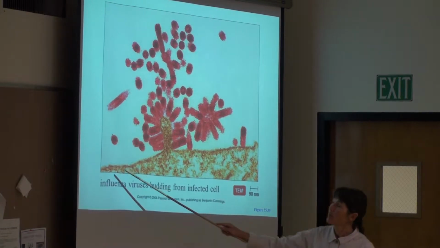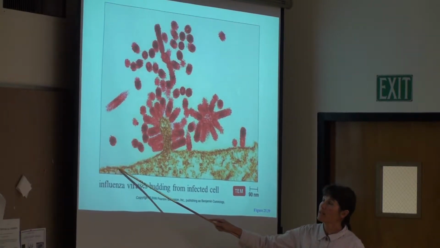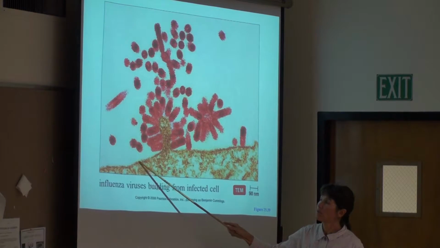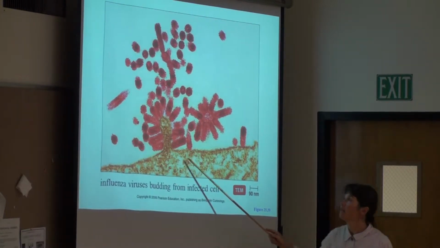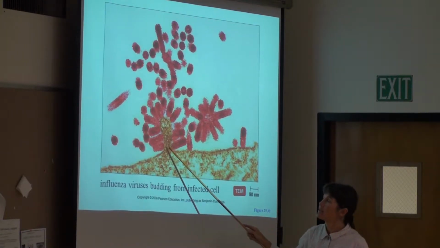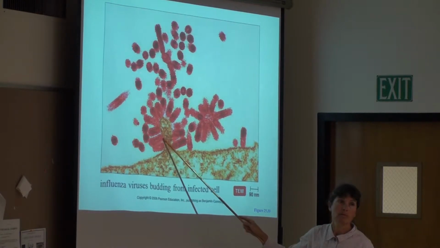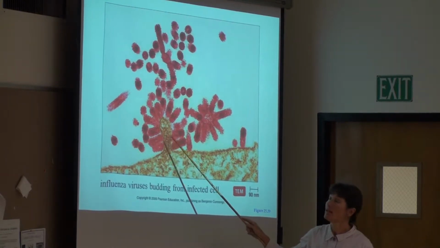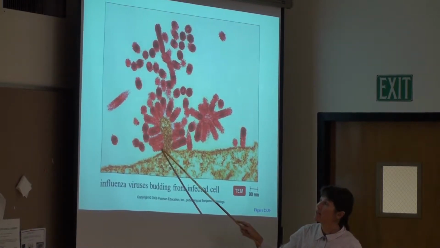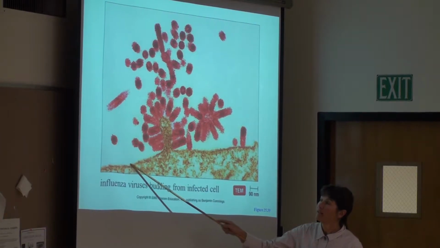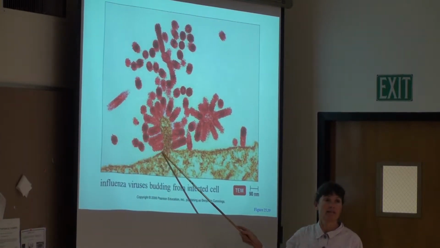Okay? You guys remember that the influenza virus binds to sialic acid receptors on the surface of the host cell. Right? And in the budding process, they're stealing that cytoplasmic membrane to make their envelope. So what is on the envelope? Sialic acid, right?